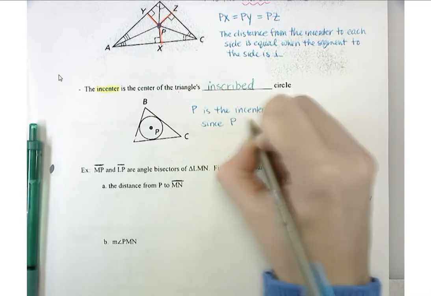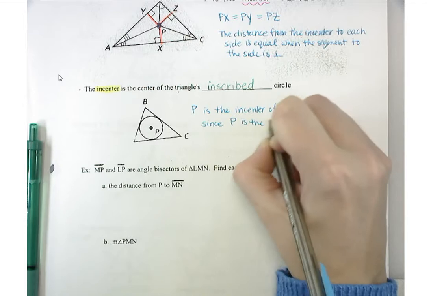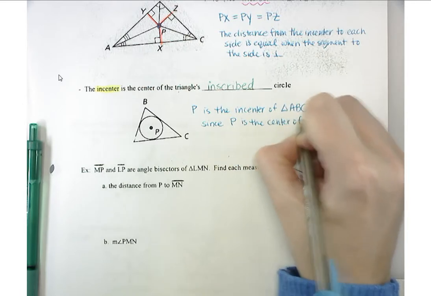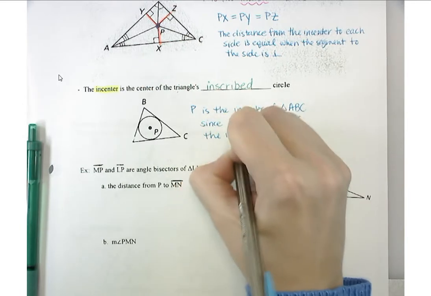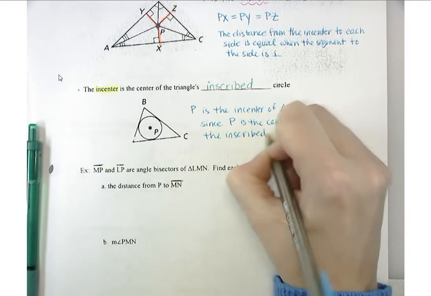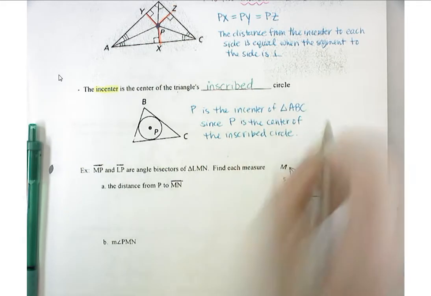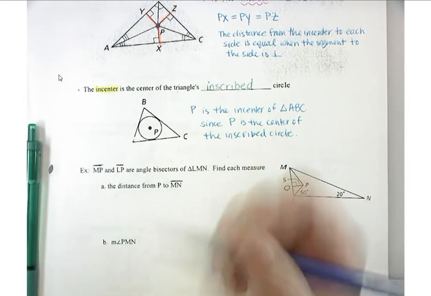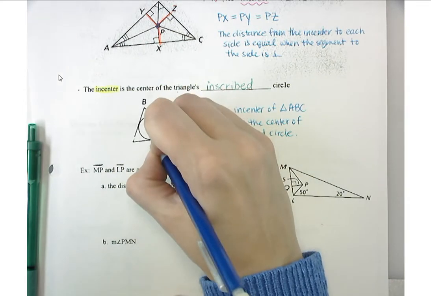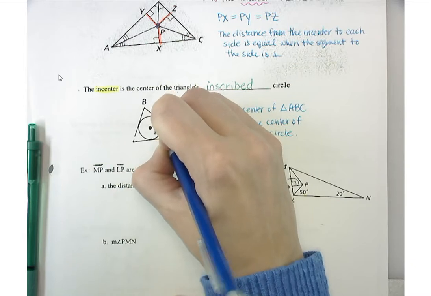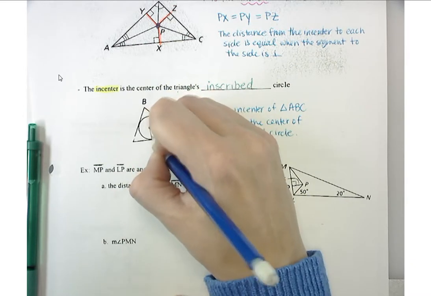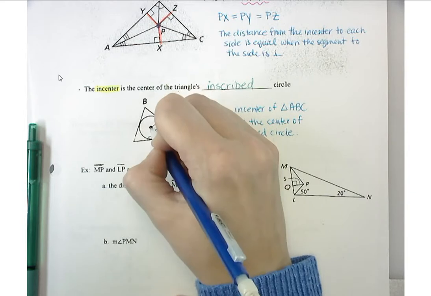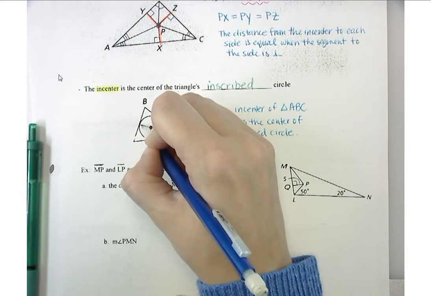Since P is the center of the inscribed circle, what that would mean is, because it's the incenter, you would have these equal distance segments that would be perpendicular to each side.